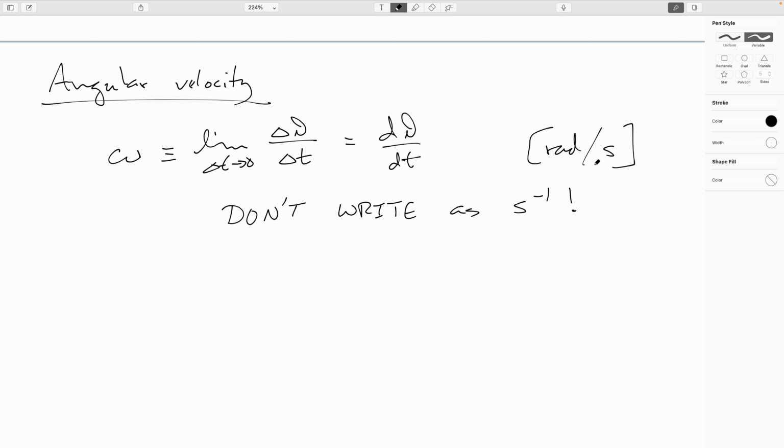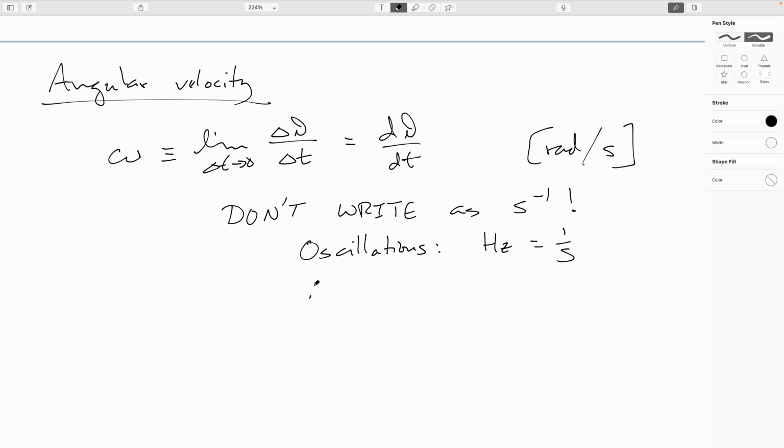If you're characterizing how something's rotating, that would be radians per second. And if you lazily just write this, although it's quote unquote technically legal, it tends to lead to a lot of dropped or added factors of 2 pi. So for oscillations, which we'll get into later, we always write hertz, which is 1 over seconds.